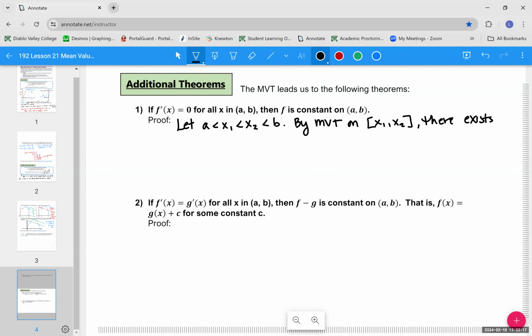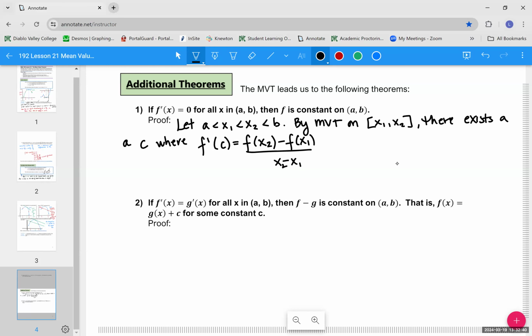There must be a number c, where f prime of c equals f of x2 minus f of x1 over x2 minus x1.